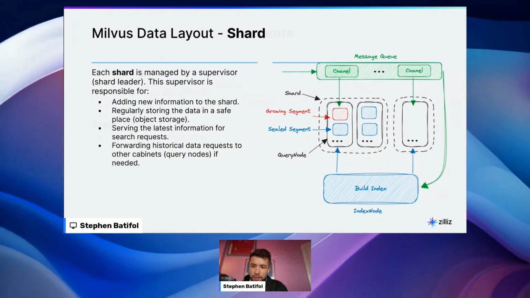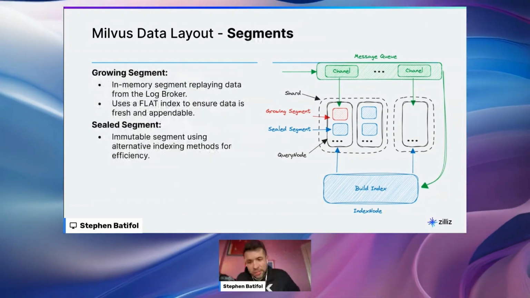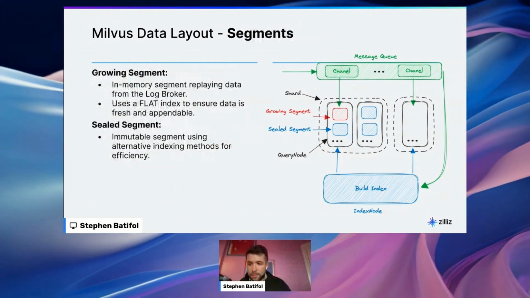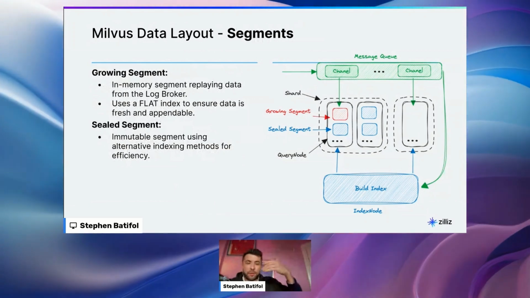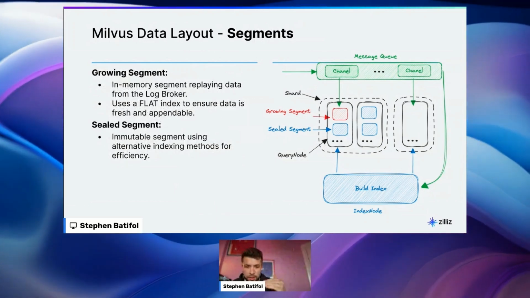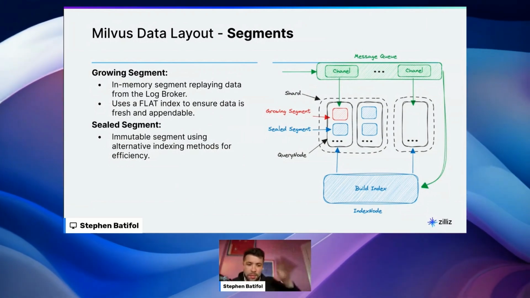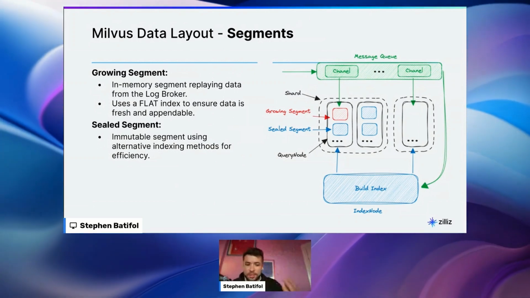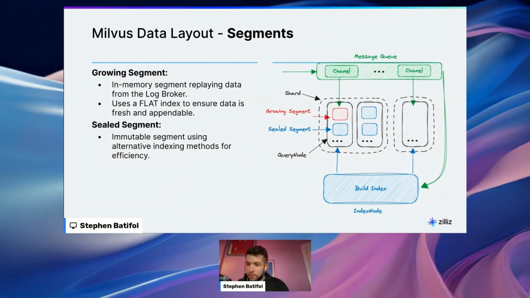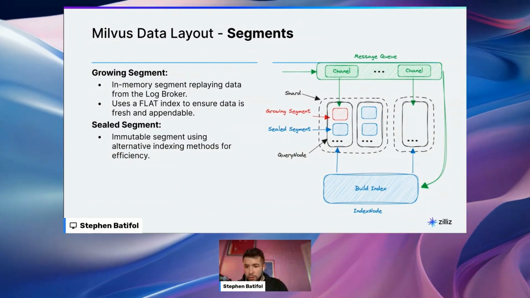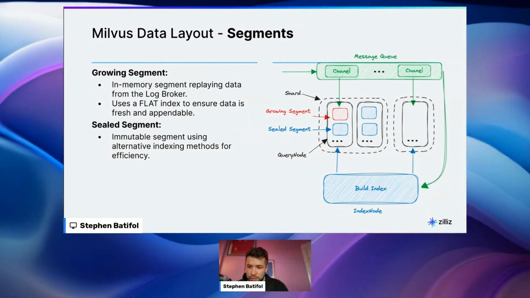We have then segments, which is the magic of Milvus usually, where you have two kinds of segments. So you have the growing segments, and you can think of those as inboxes for the new information. Those are in memory, and they're here for super fast access and updates. So that makes sure that you always have access to the freshest data that you put in Milvus. If you have something to update, it's going to go in your growing segment, and then we're going to update it, and then you have access directly to it.